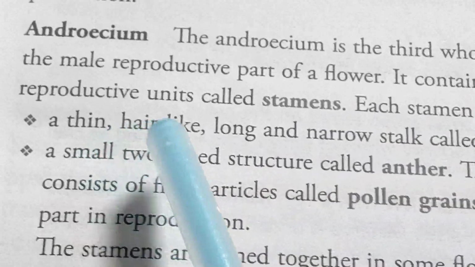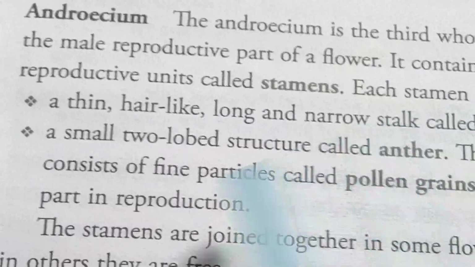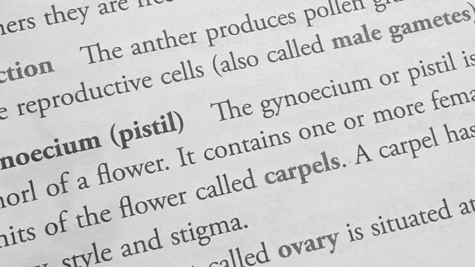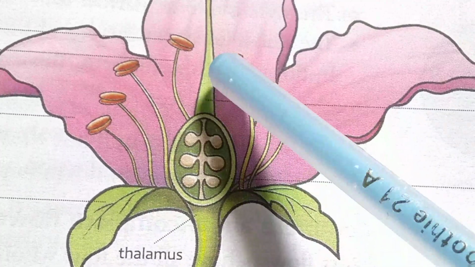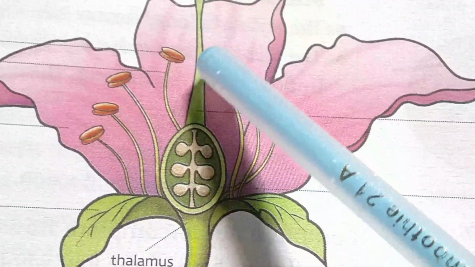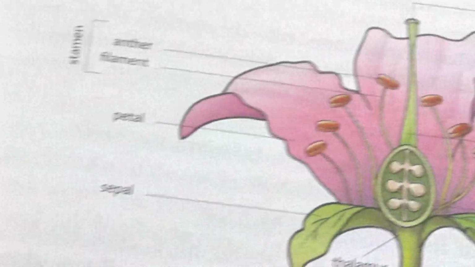Each stamen has two parts, a thin hair-like long narrow stalk called filament and a small two-lobed structure called anther. Look at it here. The thread-like structure is the filament, and above the filament there is a two-lobed, kidney-shaped structure, that is the anther.